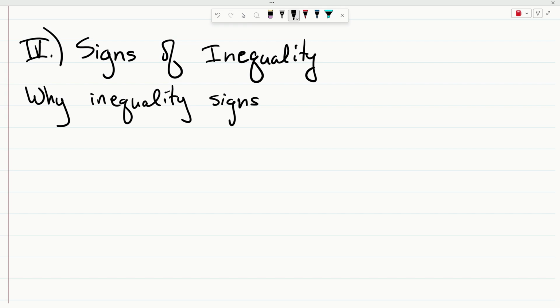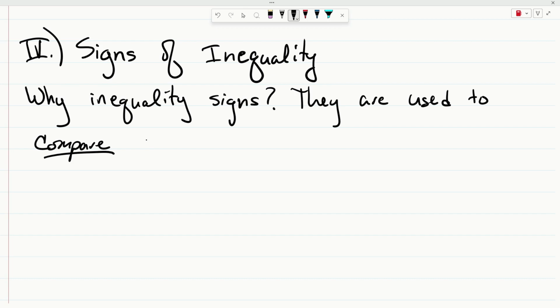Well, inequality signs are used to compare values or expressions.